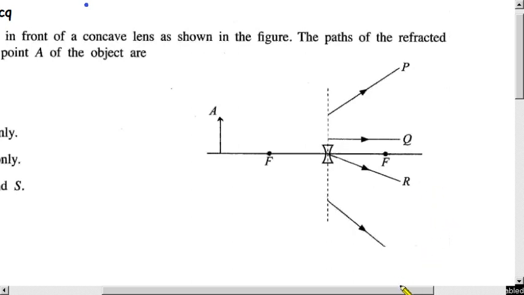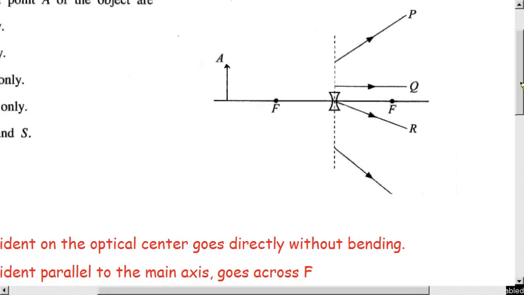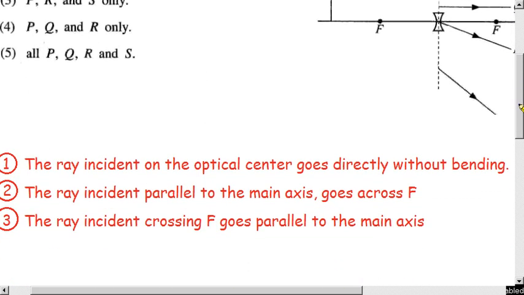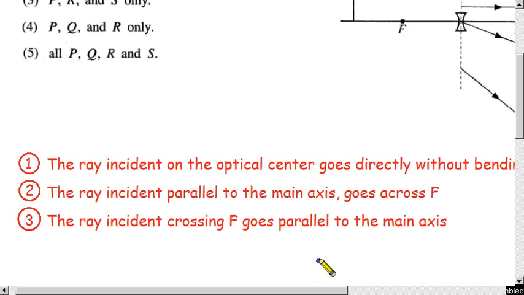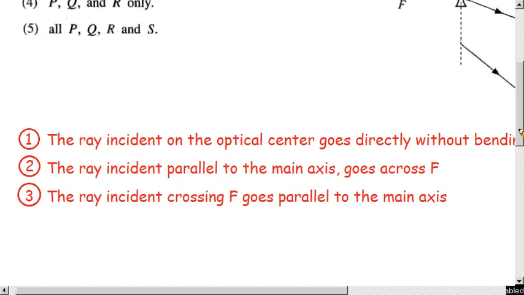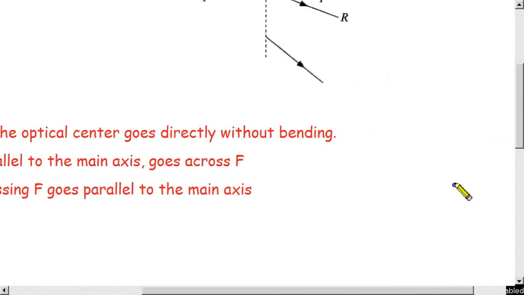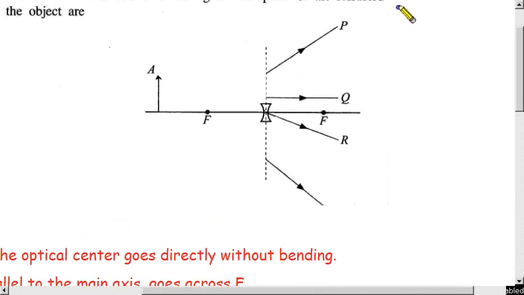So children, if you have a problem like this, you must know there are 3 rules to draw ray diagrams. The first one: the ray incident on the optical center goes directly without bending. So let us check whether they have drawn the diagram according to that rule.